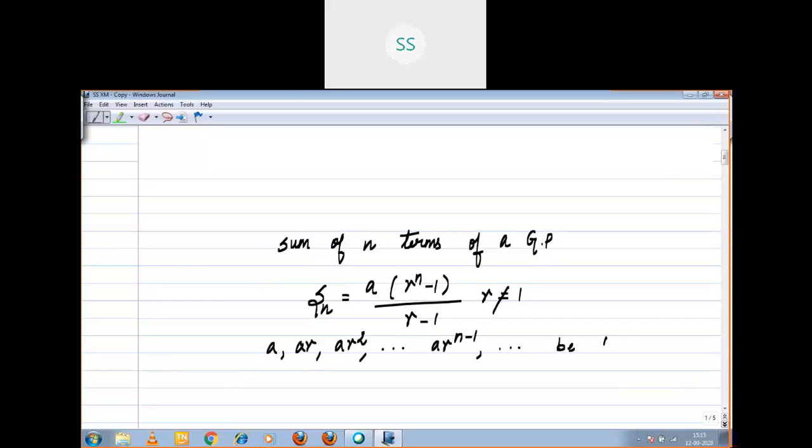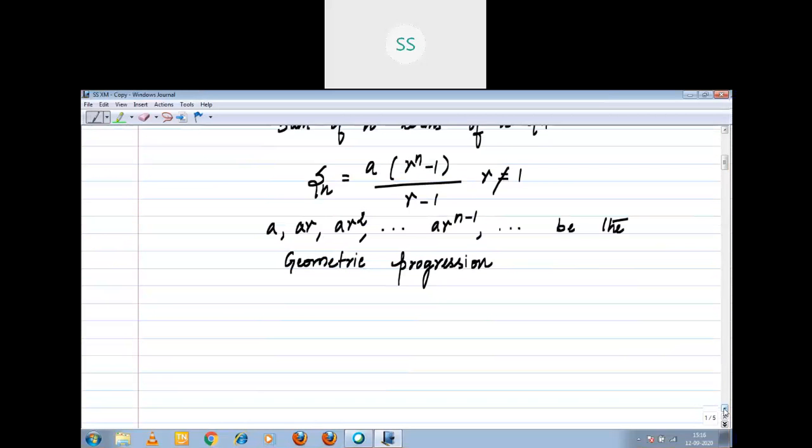That is the geometric progression. In AP the format is A, A plus D, A plus 2D like that. Here the terms become A R square, and it goes on.